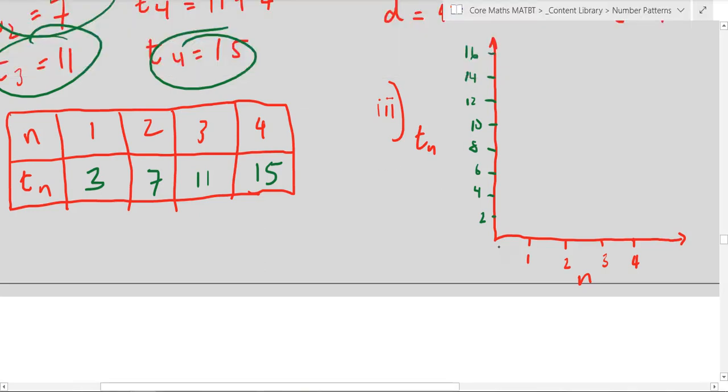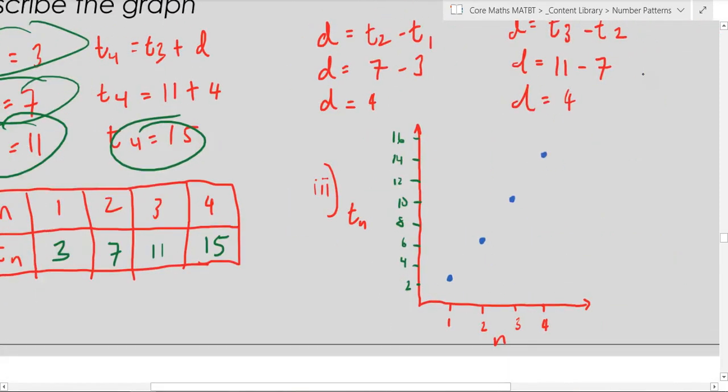The first one is 1, 3, so that would be here. Term number 1 is 3. Term number 2, 7, right there. Term number 3, 11. Term number 4, 15. Oh, sorry, that's not in the right spot. 15 up here.